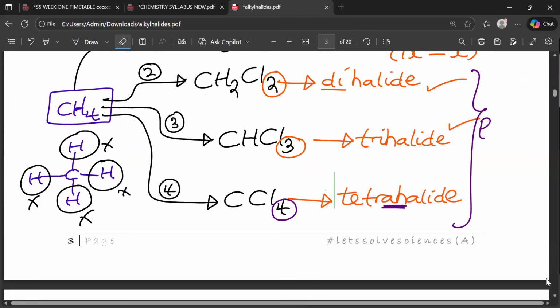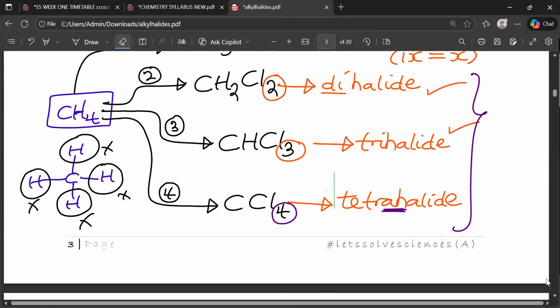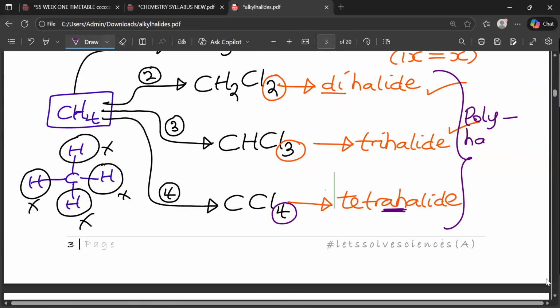So from monohalides or halides, we have what we call polyhalides. Sometimes they tell you even a dihalide is a polyhalide. Sometimes they tell you that for polyhalides, it's only the tetra and the tri. But you should be ready for anything. But that's just English. There is no chemistry there.